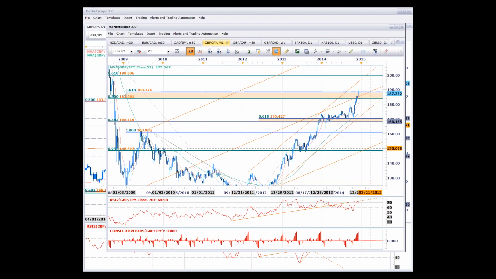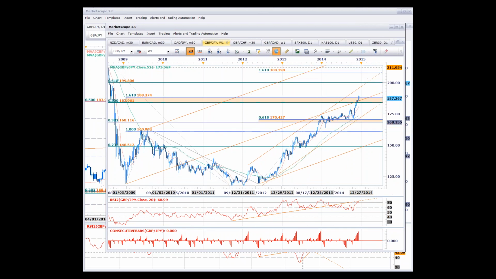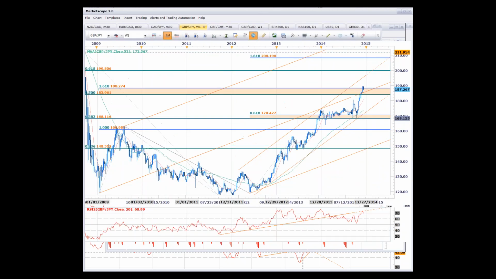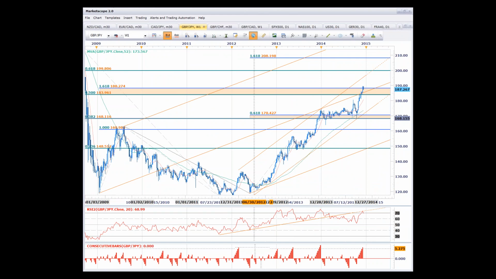The focus on that is because of how far the pair is stretched by consecutive weekly advances. If you look at this indicator on the bottom here, guys, this is called consecutive bars, and it essentially tells you how many consecutive days to the upside or to the downside the trade has seen. On this weekly chart, we've completed a 6-week stretch to the upside into key resistance.